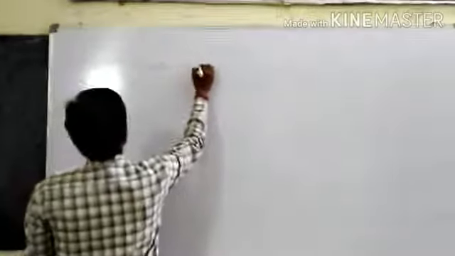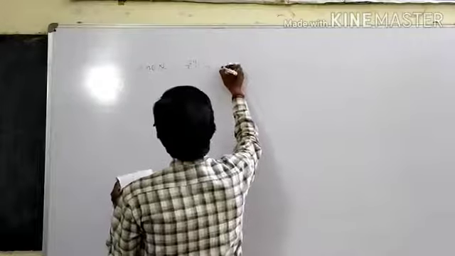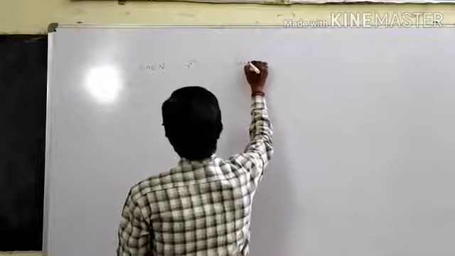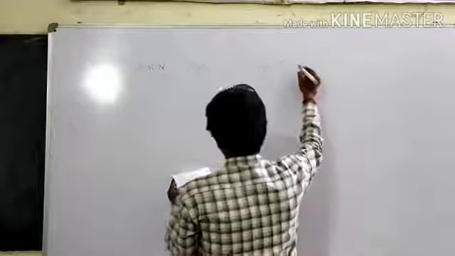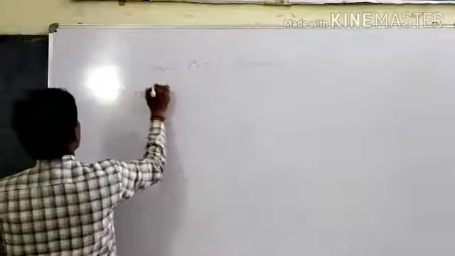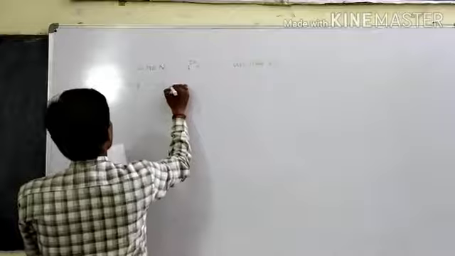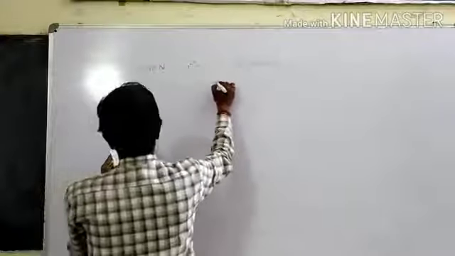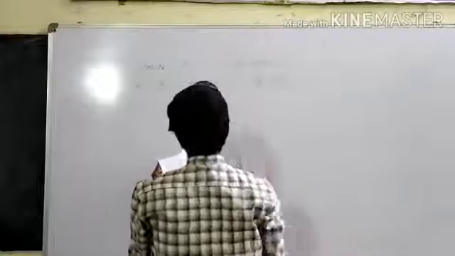For all n belongs to N, 3 power 2n plus 7 is divisible by: first one 8, second option 60, third option 24, fourth option 64.